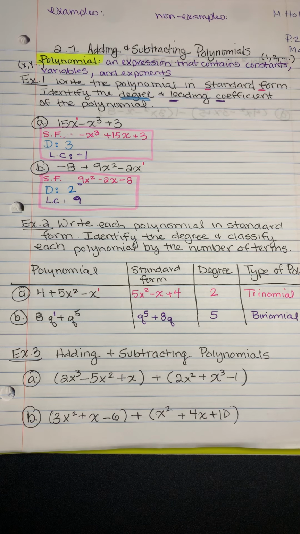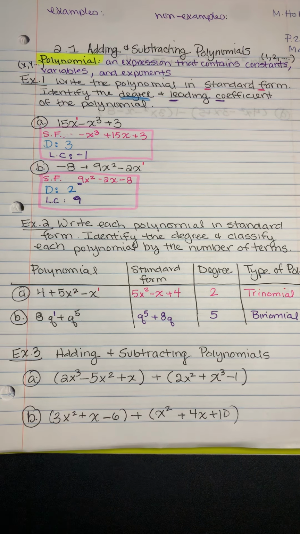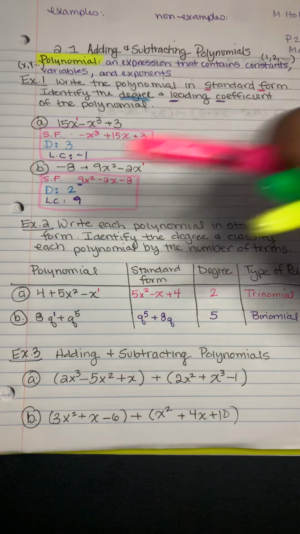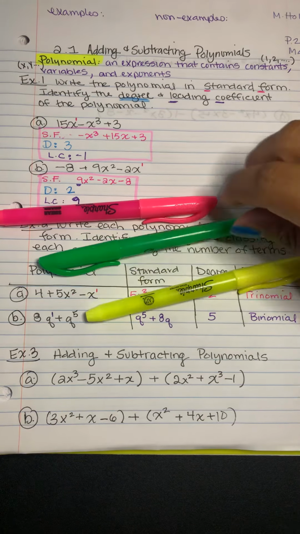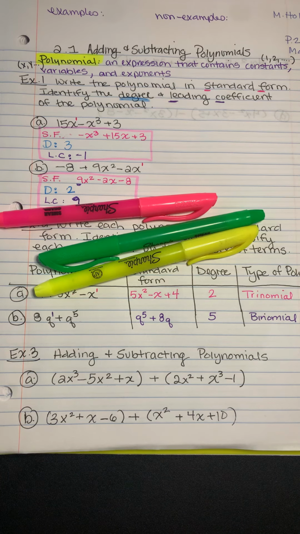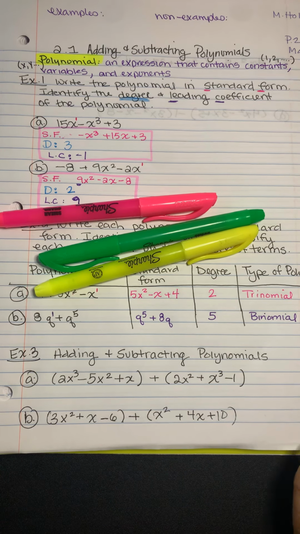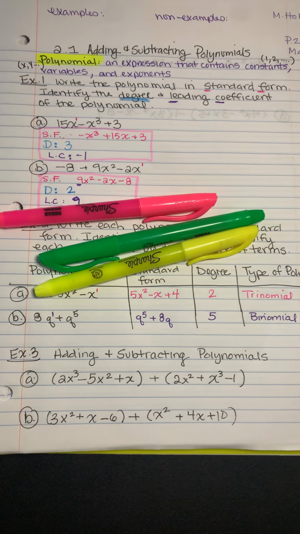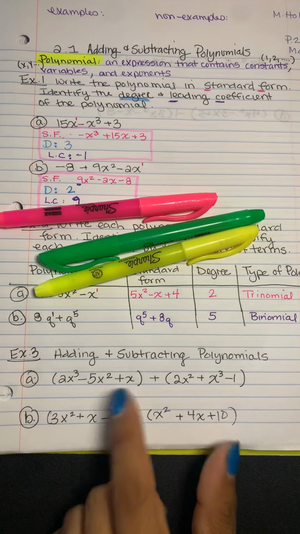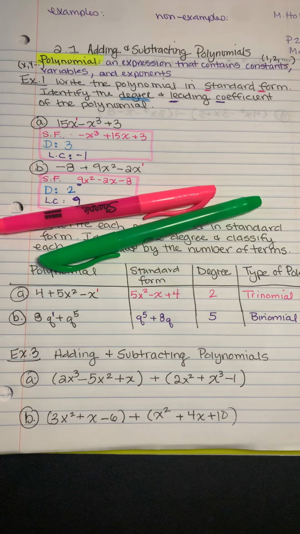Me personally, I like the horizontal format. I like to color code them. I also have highlighters here, just so that you can see what are like terms, and then we can add or subtract them. So I'm going to color coordinate them.